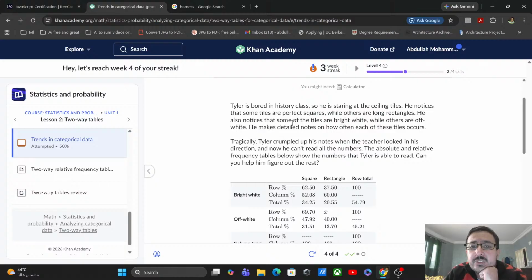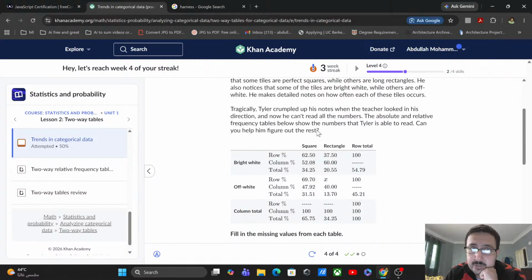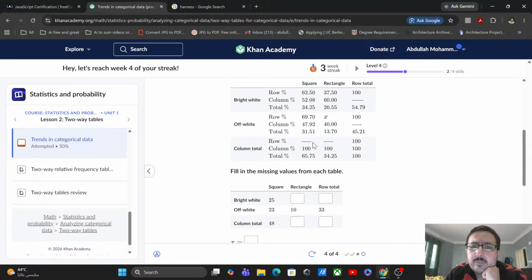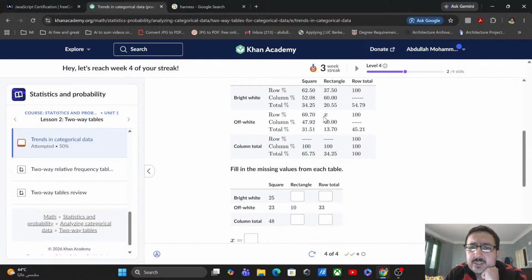He also notices that some of the tiles are bright white, while others are off-white. He makes detailed notes on how often each of these tiles occurs. Tragically, Tyler crumpled up his notes. The teacher looked in his direction, and now he can't read all the numbers. The absolute and relative frequency tables below show the numbers that Tyler is able to read. Can you help him figure out where's the X?